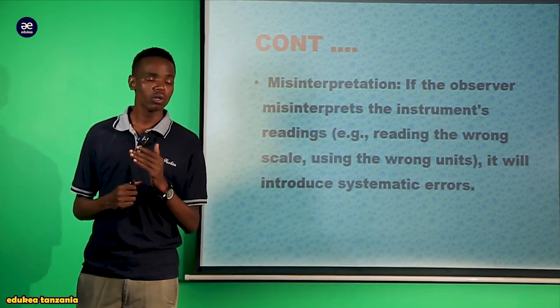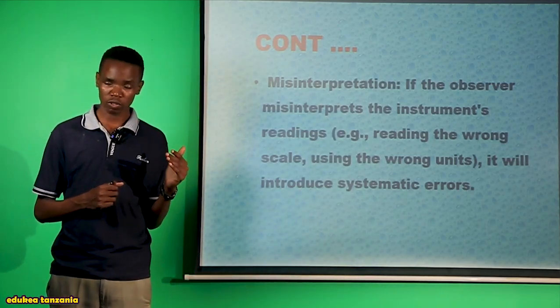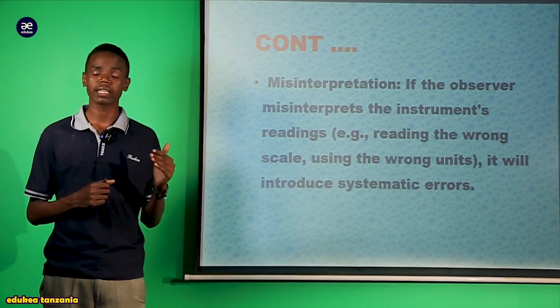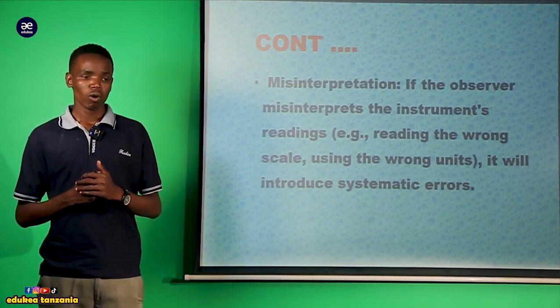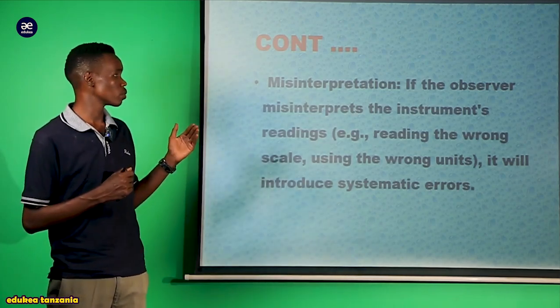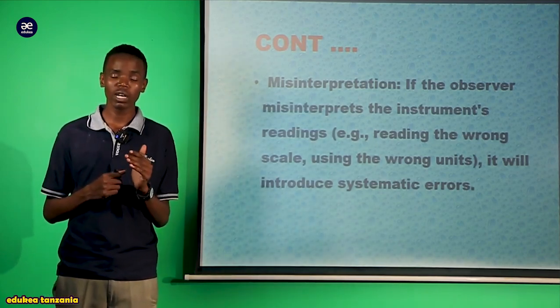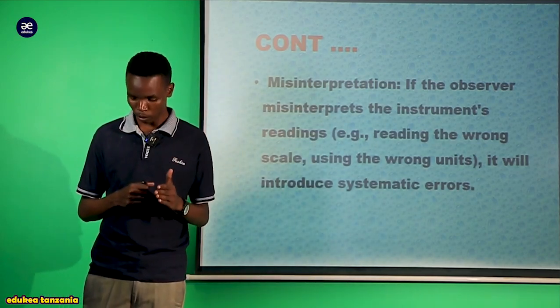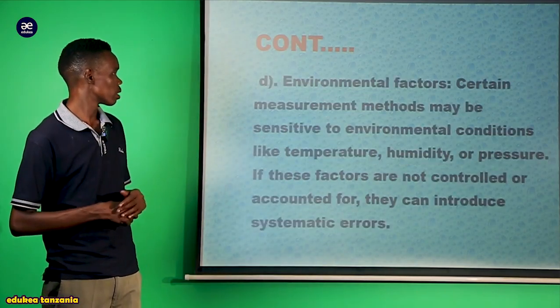Here we can look at the reading of the instrument, the reading of the data or the values. When you are unable to interpret the values, you will get the wrong values that cause the occurrence of the systematic errors.